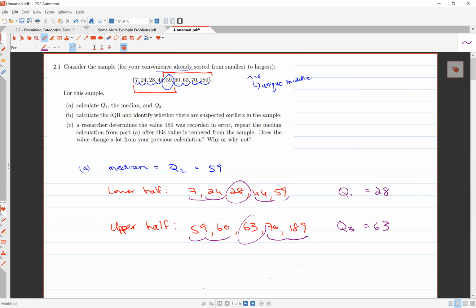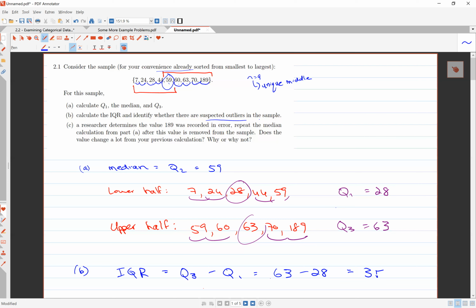So part A was hopefully easy enough. Part B asks us to calculate the IQR, and then we're going to apply that as well. So IQR is defined as Q3 minus Q1. So in this case, 63 minus 28, and that gives us a value of 35.